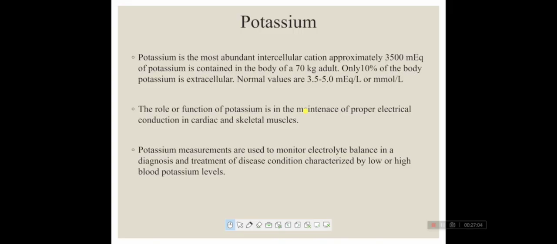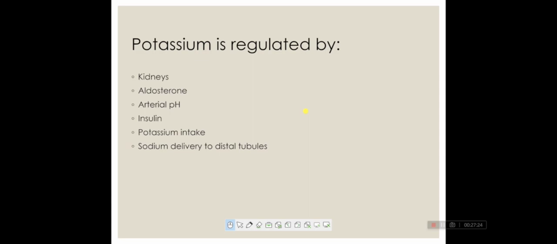Potassium plays an important role in proper electrical conduction in cardiac and skeletal muscle, and also in maintaining the electrolyte balance in the body. Potassium is also used to monitor electrolyte imbalance in the body and in the treatment of disease conditions which may be characterized by low or high levels of potassium.